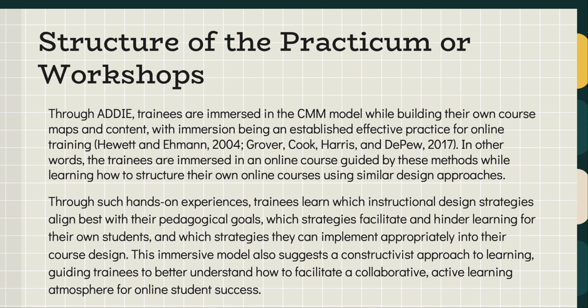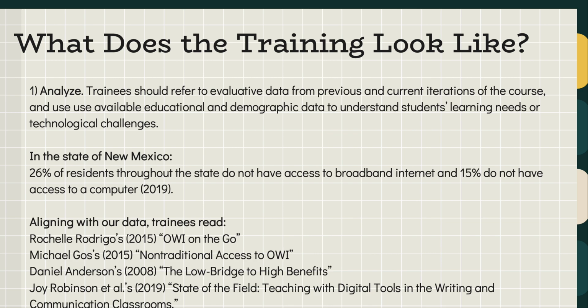And we have already talked about this constructivist approach to learning, active learning for online student success. So now it's basically you're going to be thinking about the tools that you want to use and the curriculum that you're going to design to really enhance that active learning for students.